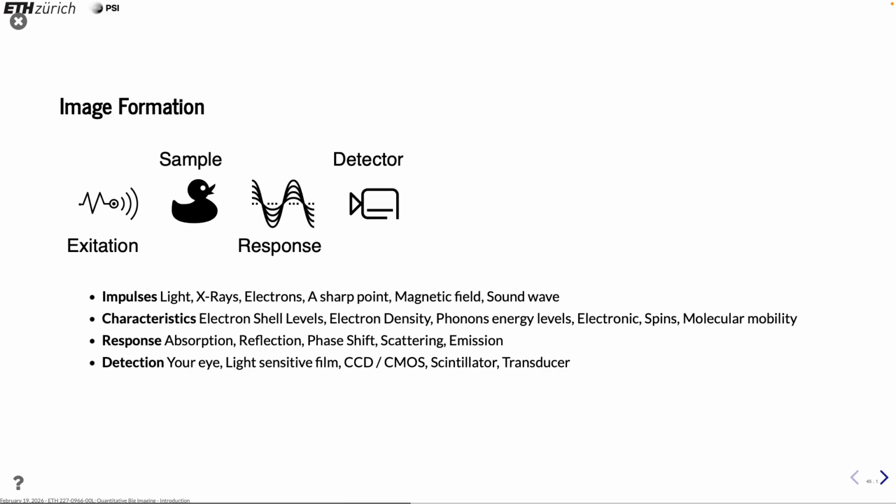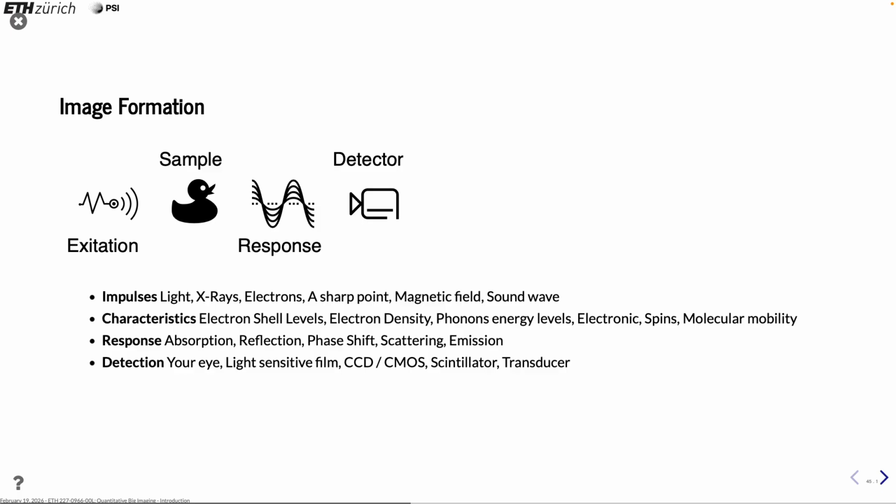Then we switch on to the image formation. An image is usually formed through this workflow where you have some kind of source which gives some excitation. That signal is going through the sample or reflected from the sample. Then you get some response from that, and that response is collected by the detector.